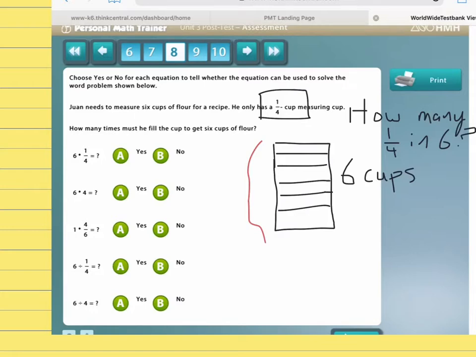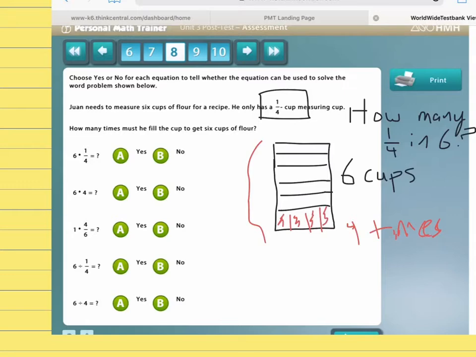So that means out of this cup he would have to take away 1/4, another quarter, another quarter, another quarter, or 4 times he would have to take away 4 times from each total cup for each one he needed. How many times must he fill the cup to get 6 cups?